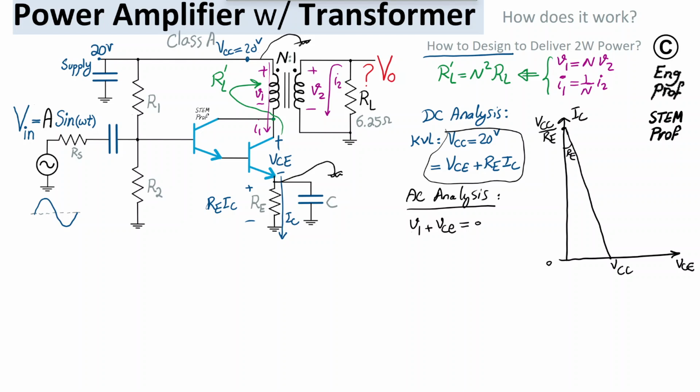But then V1 is simply the current I1 that I showed you before times the observed R prime L at the primary. So this one is simply R prime L times IC, the AC current of the transistor. So VCE therefore is minus R prime L, which is this value of course, times IC.